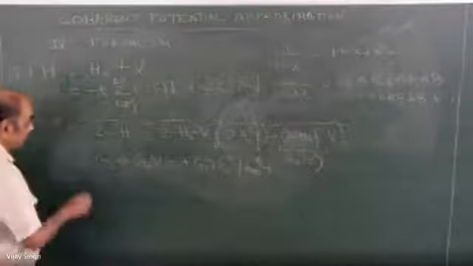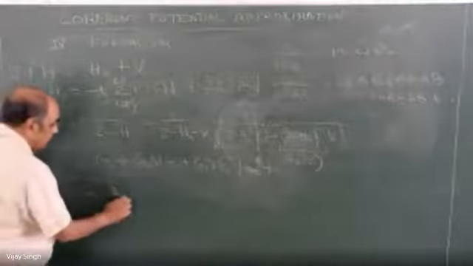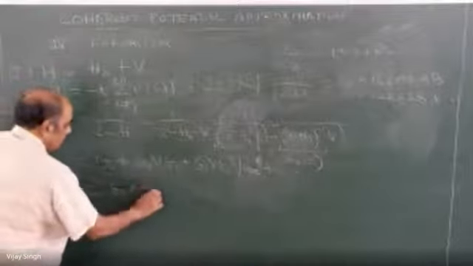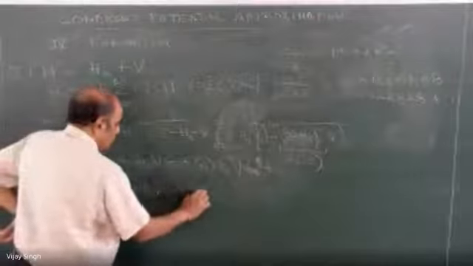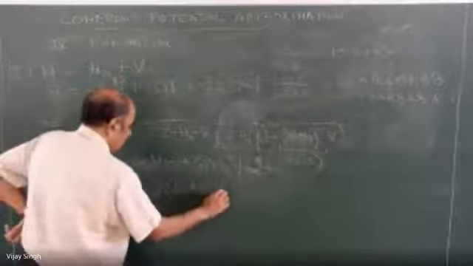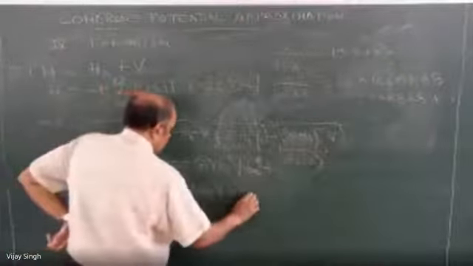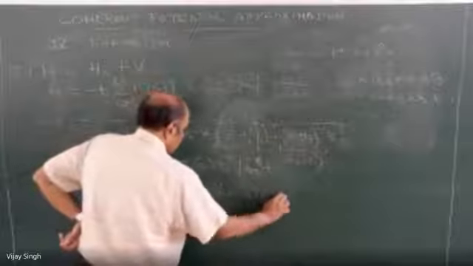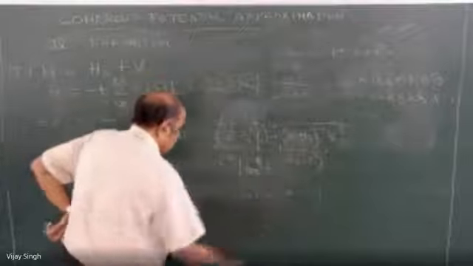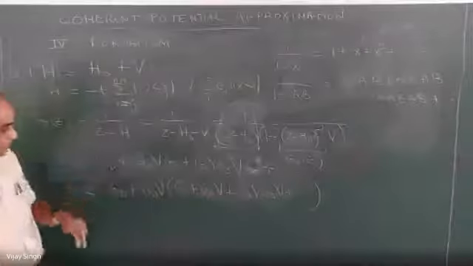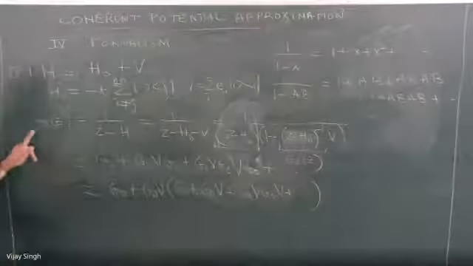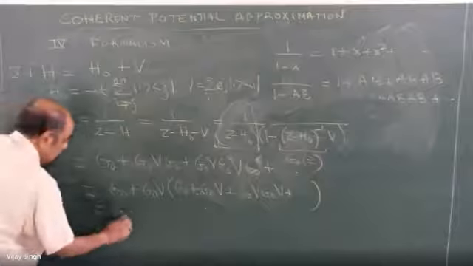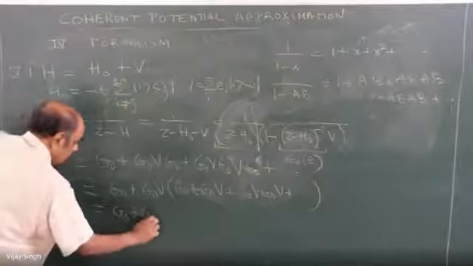Of course, I can truncate this. I can say that z is equal to g0 plus g0 v g0 plus g0 v g0 v g0. Right? And all of this is nothing but this g. Okay? So I have this g0 plus g0.